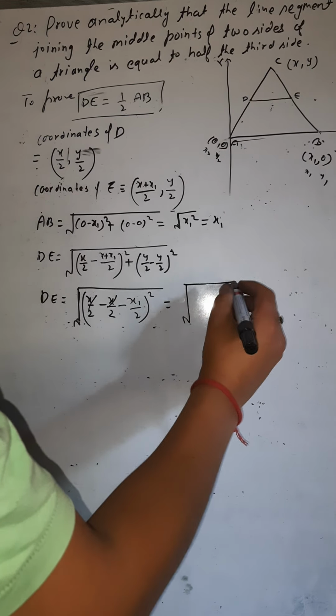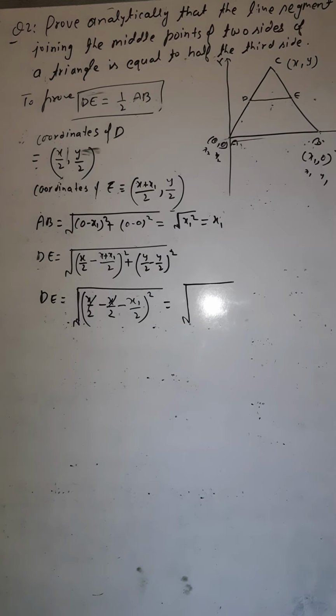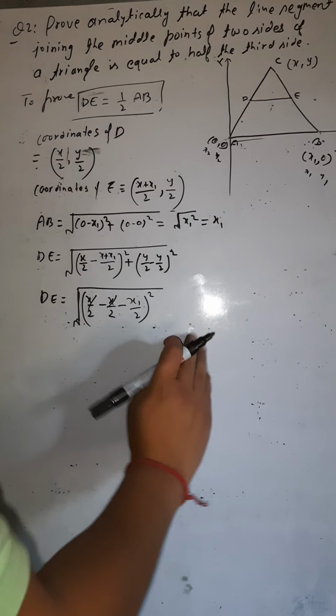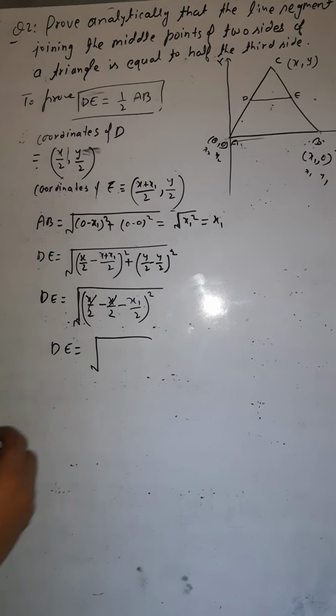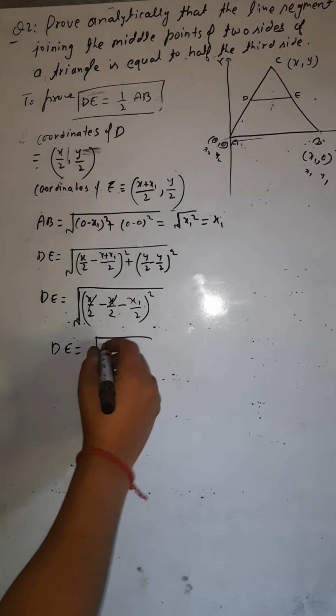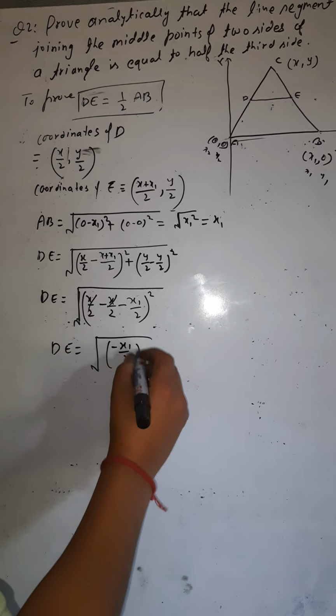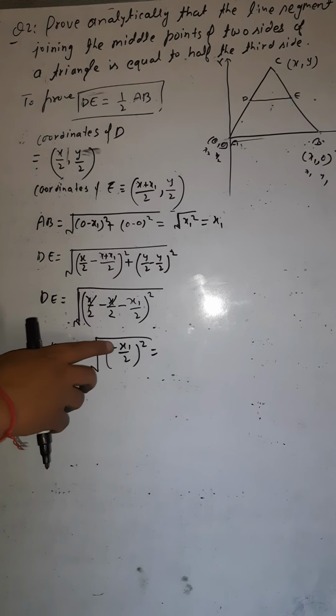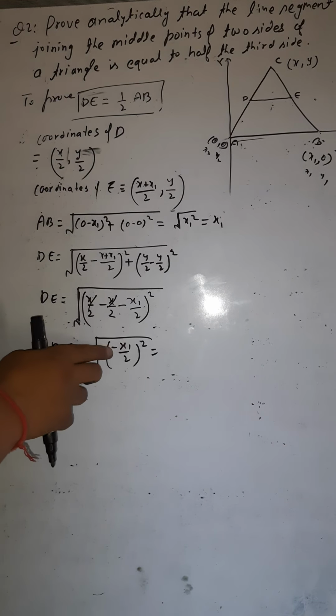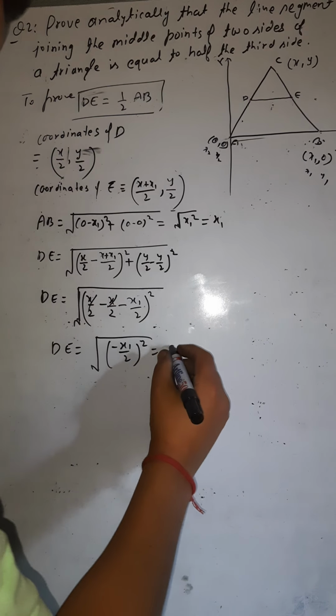So DE would be equal to the square root of minus x1 by 2 whole square. This would be x1 square by 4, because the square of minus is plus.